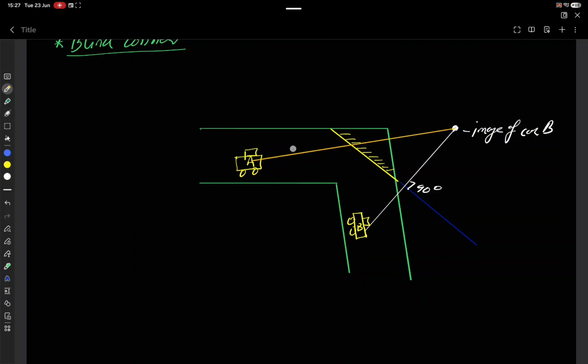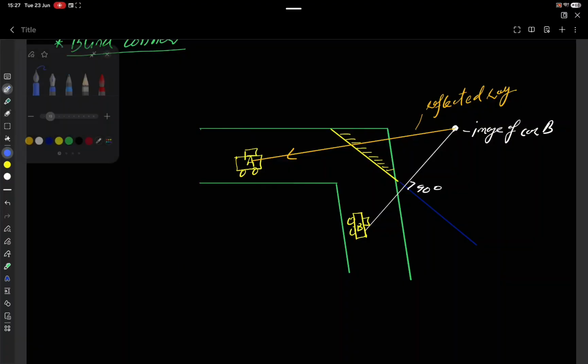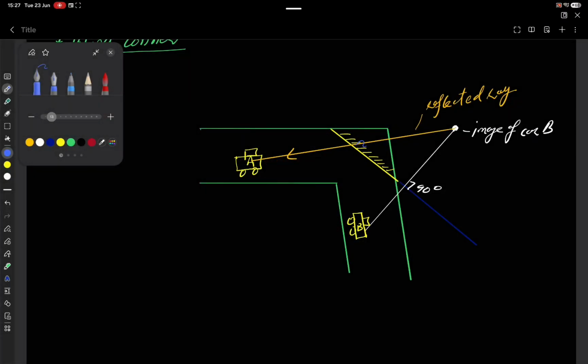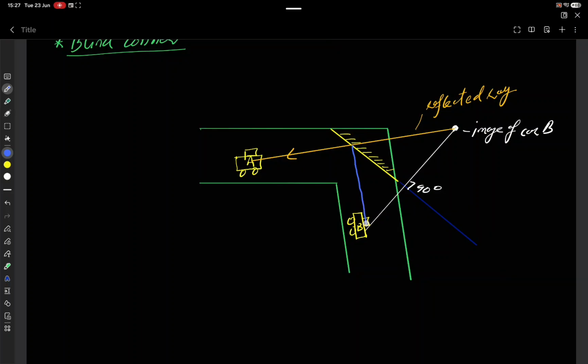This is my reflected ray, and now we draw the incident ray.